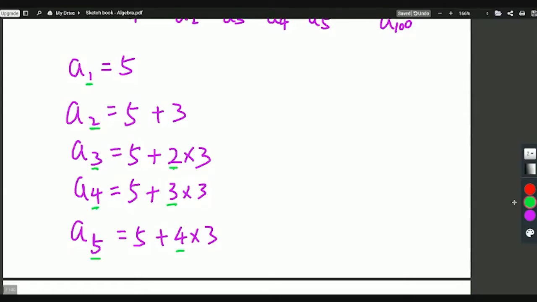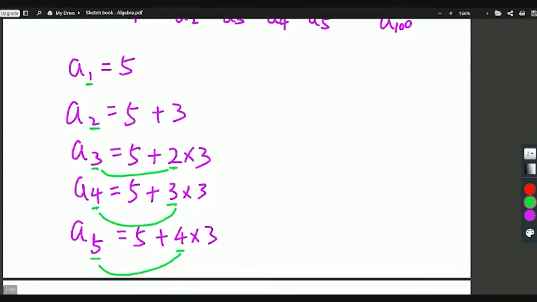So I want you to compare between the 3 and 2, between the 4 and 3, between the 5 and 4. What did you see? What's the relationship between the 3 and 2, 4 and 3, and 5 and 4? Can anyone share with us? What do you think?